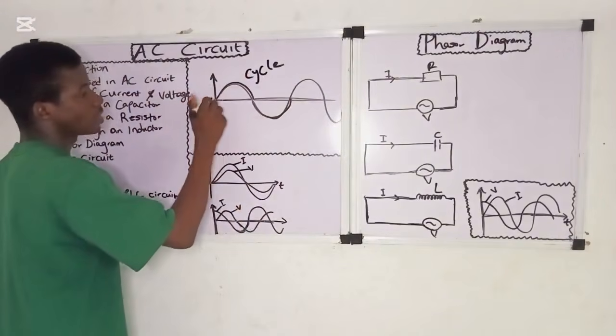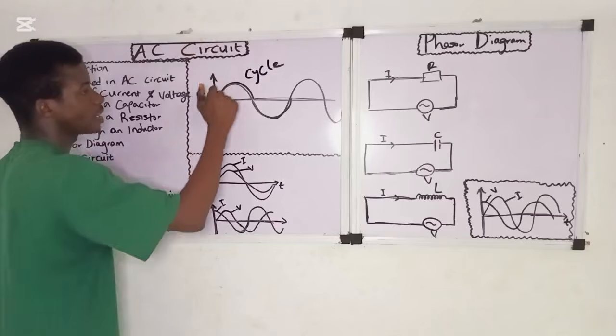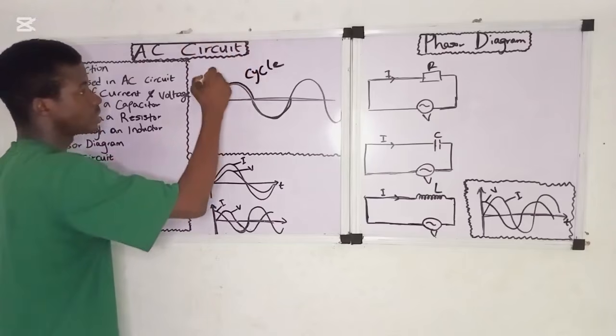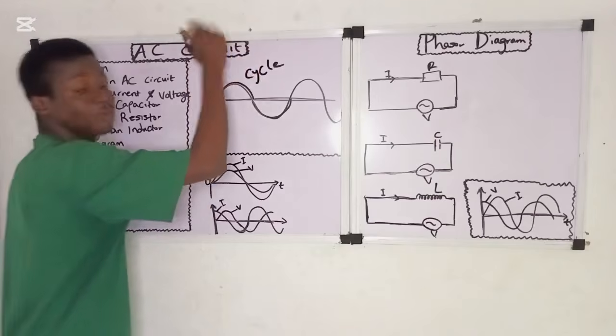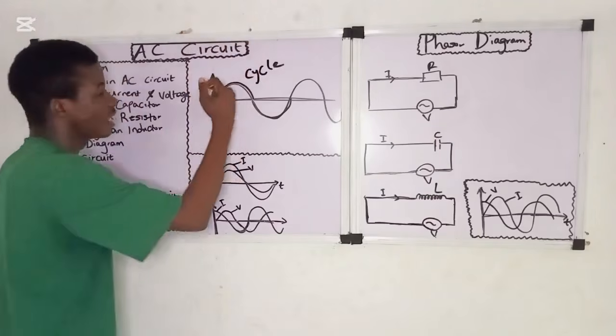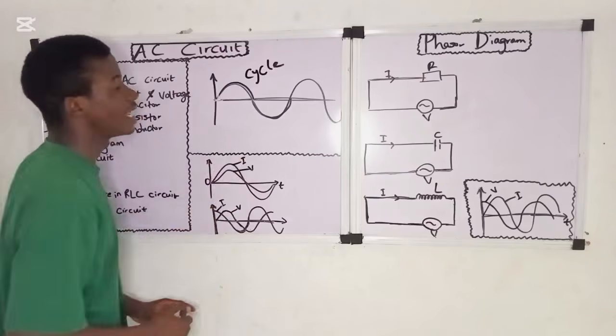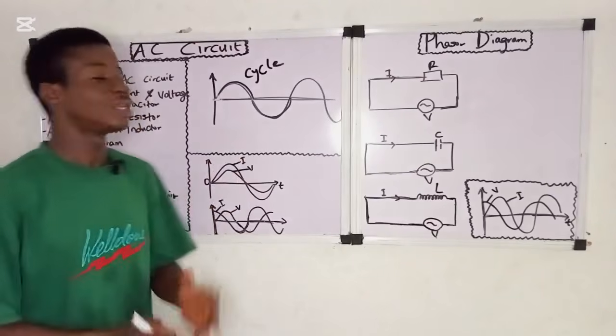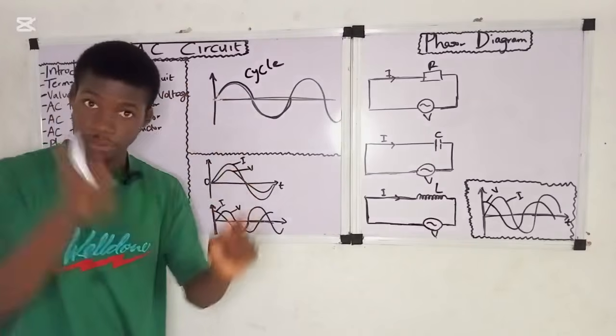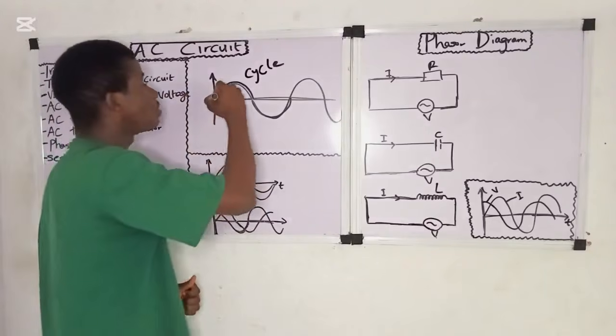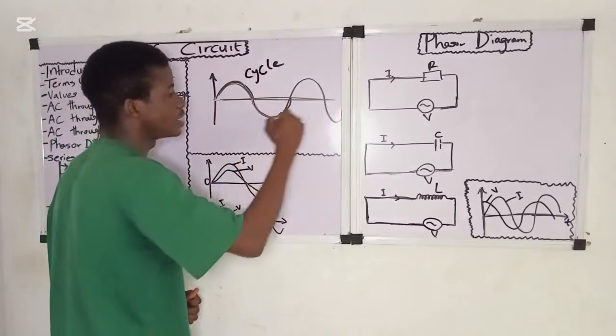The positive half is from this origin above. If you go upward on the y-axis, that is positive. Then if we go below this origin downwards, the negative y-axis, that is negative, right? So a cycle, which is 360, is made up of a positive half and a negative half.